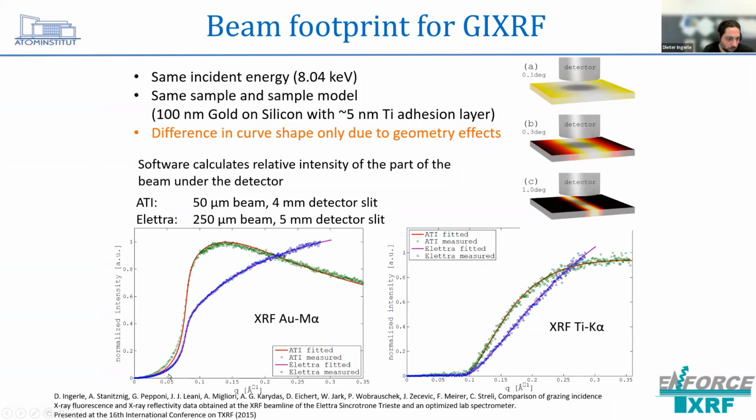So this is basically a gold layer on silicon, and here we can see that the gold is actually acting, because it's about 100 nanometer thick gold. In this case, the gold and the high absorption are acting a little bit like a substrate in this energy range. And we can see here for the measurements, the curve already looks quite recognizable as a substrate curve, as for our measurement here in the lab.